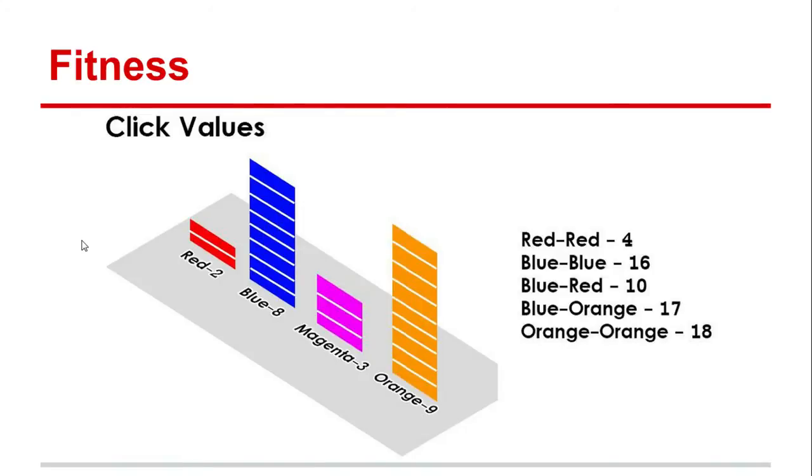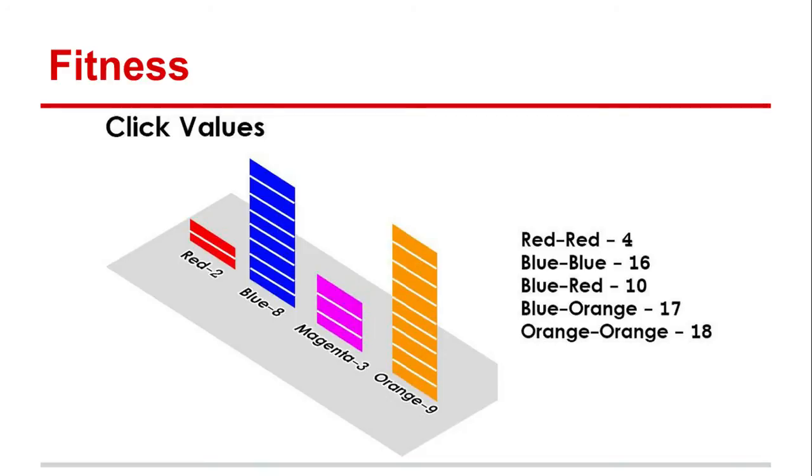Okay, so fitness. Now that we understand how fitness adds up, let's take an example of a chromosome of length 2 with 4 colors. I don't have all the permutations, just a handful, but this is how you would score it. Red clicked twice would be 4.